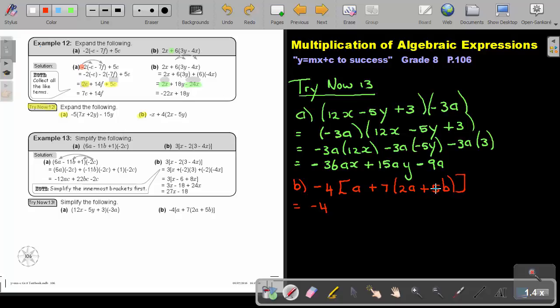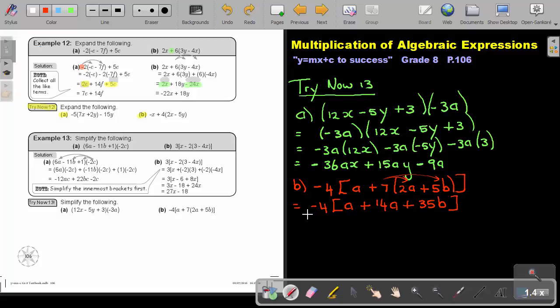We're going to work with the inside first. So this is a positive. What I'm going to do in this case, I'm not going to put in the extra step, because I think you are good now. You can just multiply, and it's a positive. So 7 times 2, that will be 14a. 7 times 5, that will be 35b.